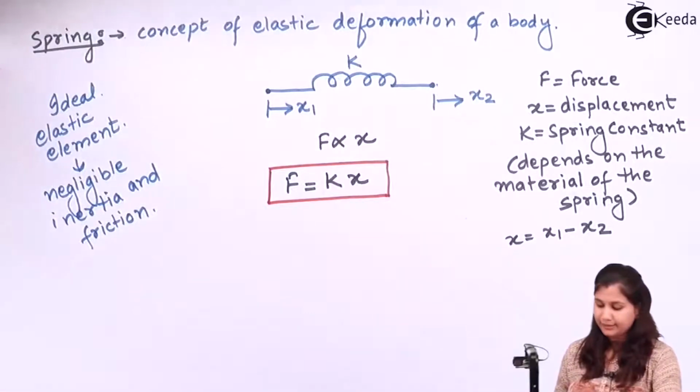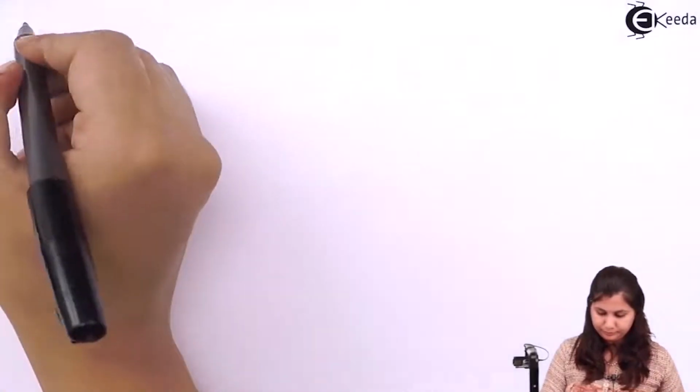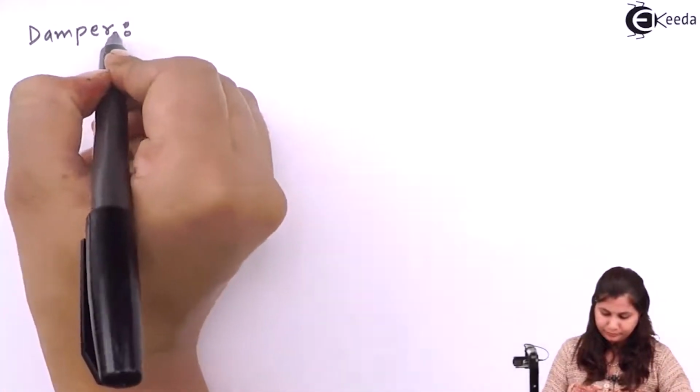Now let us study the third element, that is the damper. We know that every motion is opposed by friction. If we have viscous friction in the mechanical system, that is the friction due to a liquid, say oil, and this viscous friction is introduced in the mechanical system, it gives a better response of the system.